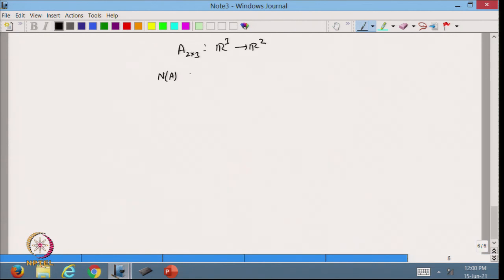So, the null space of A is of dimension 2, the null space of A transpose has dimension 1. So, it means the nullity of A is 2, the nullity of A transpose is 1.